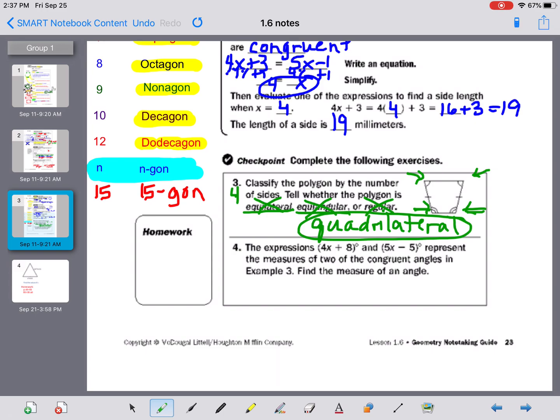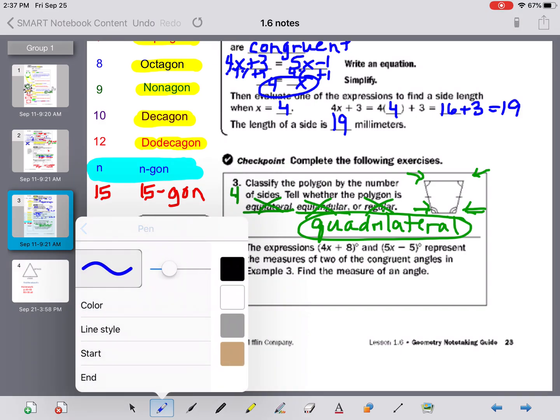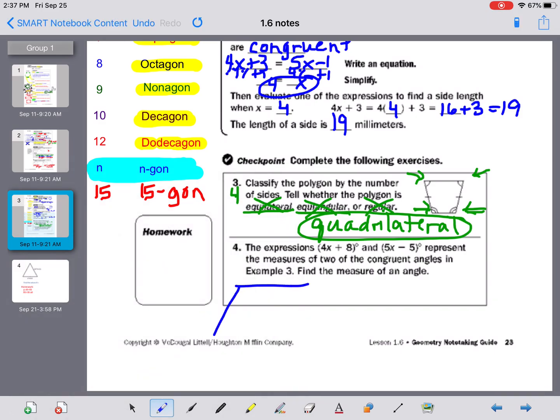All right. Number 4 says these two expressions represent the measure of two of the congruent angles in example 3. Remember, we had this hexagon, and because it's regular, right? I'm going to try to draw it, but don't laugh when it's not great. Okay, all these angles are also congruent, because as soon as it's regular, the sides are congruent and the angles are also congruent. So I could put 4x plus 8 on one angle, I could put 5x minus 5 on the other.